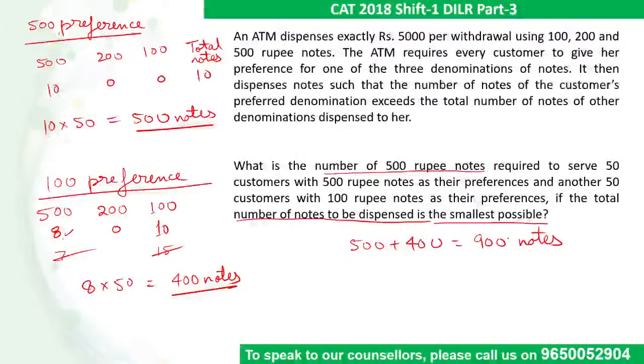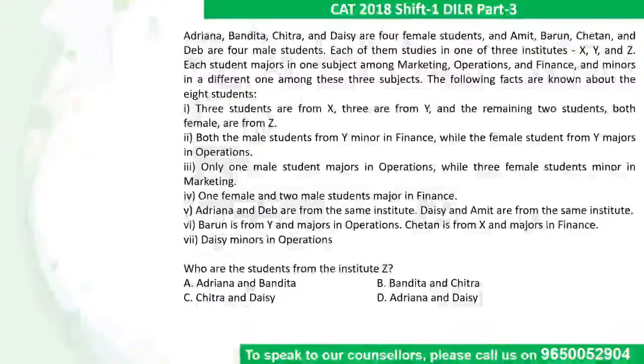With 900 notes, you can fulfill the demand of 2 sets of customers, who have 500 as the preference and 100 as the preference. So both types of customers can be fulfilled. Okay. All right.